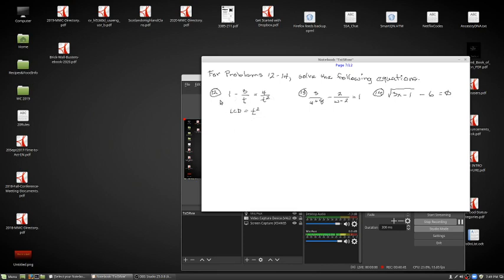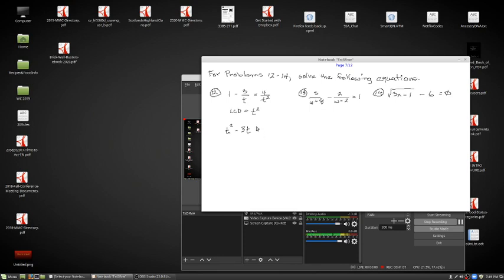So if we multiply everything through by t squared, 1 times t squared is t squared, minus 3 times over t times t squared, one of the t's will cancel, and we end up with minus 3t.